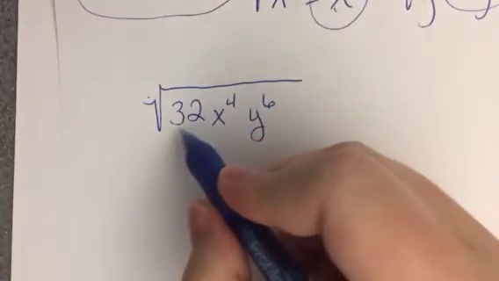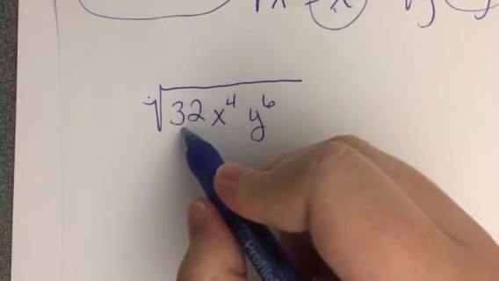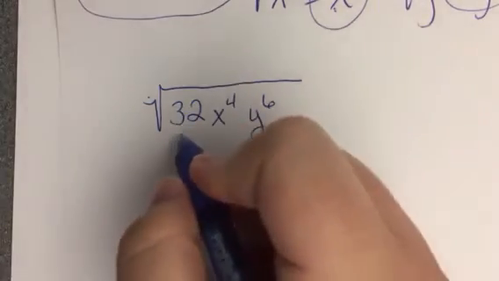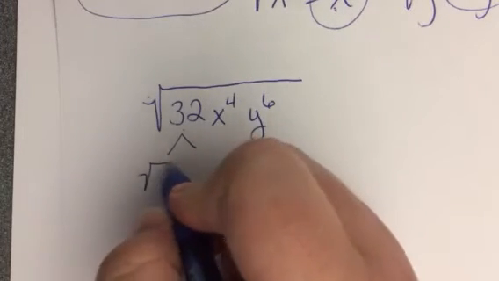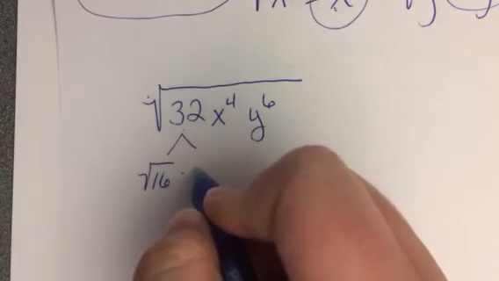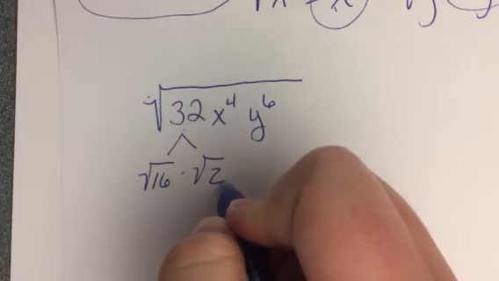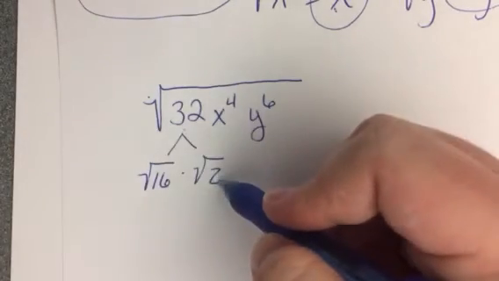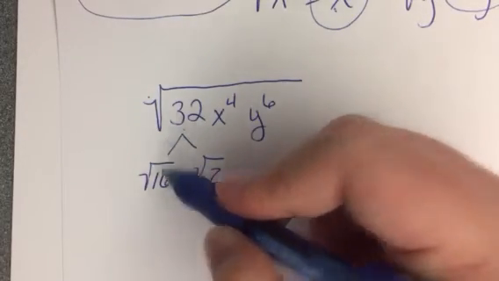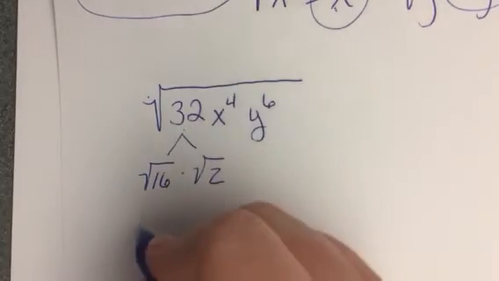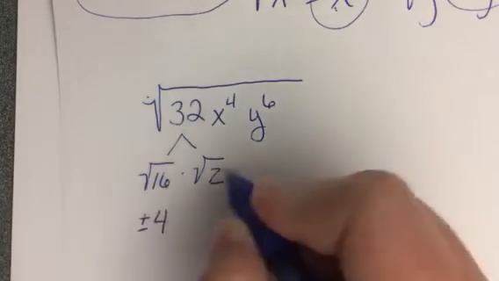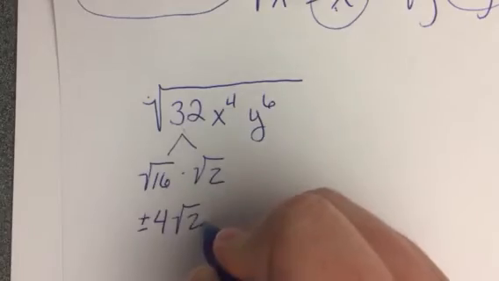Again, I like to focus on the numerical values first. I'm going to break that up into factors. That's going to be the square root of 16 times the square root of 2. The reason I'm using 16 and 2 is that 16 is a perfect square. So the square root of 16 is plus or minus 4 times the square root of 2.